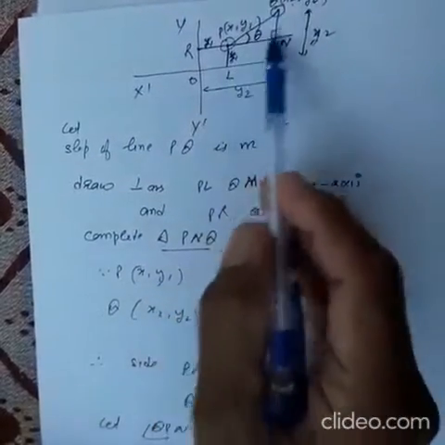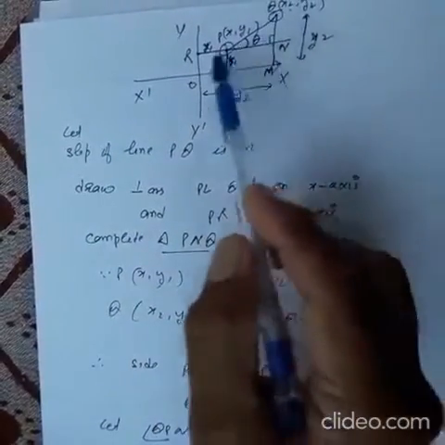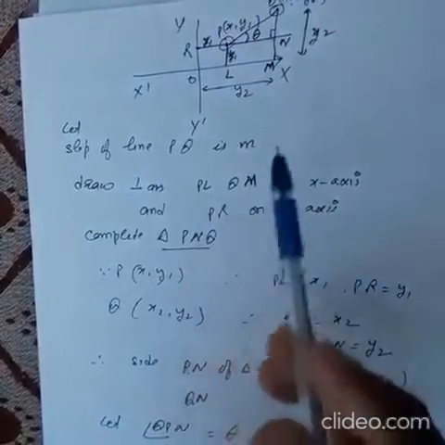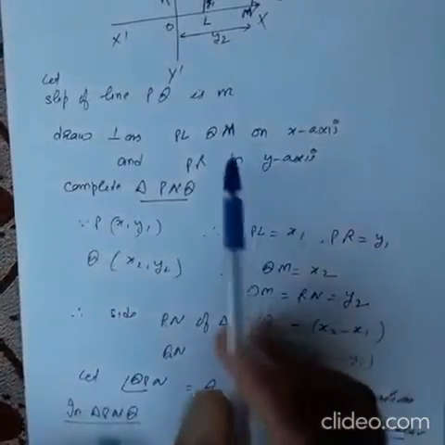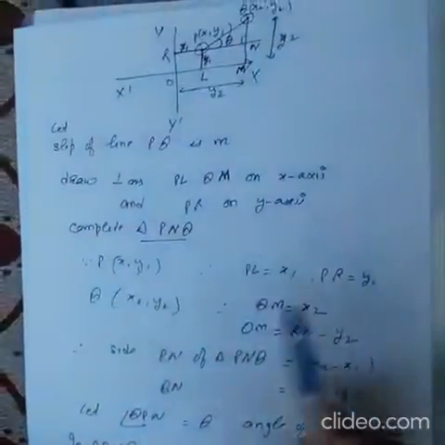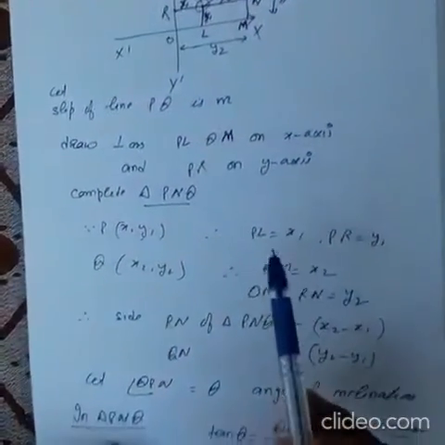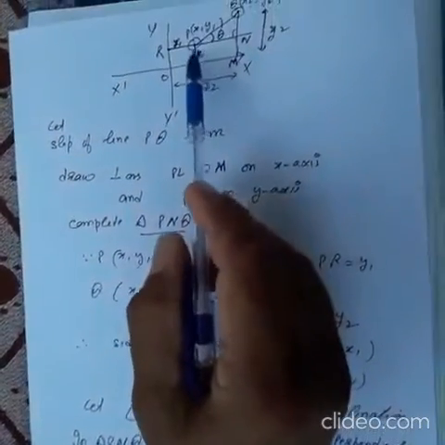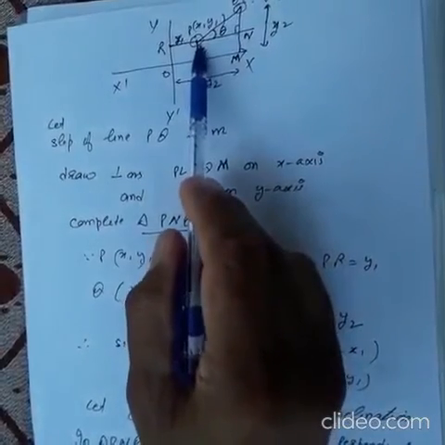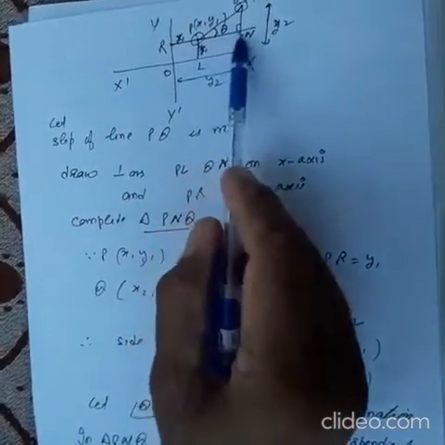So if you consider triangle PNQ, we are given the distances. Then find the length of side PN.